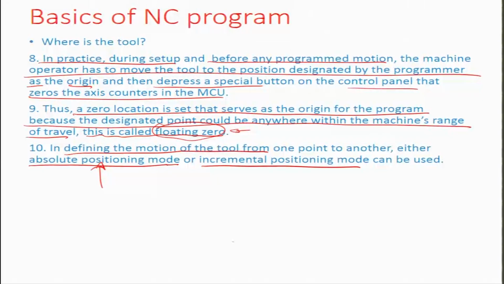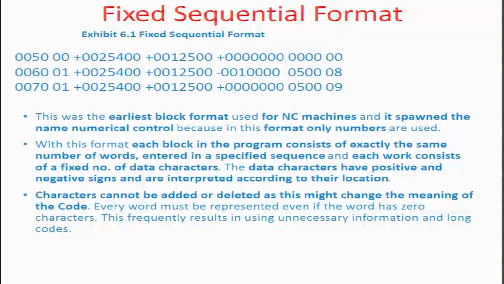So, when we look back in history, we find that there are three different formats which have by and large emerged for giving a set of commands to the machines. One of them is called the fixed sequential format, which is given in this exhibit right here. You can see a set of numerical values here which talks about this format.